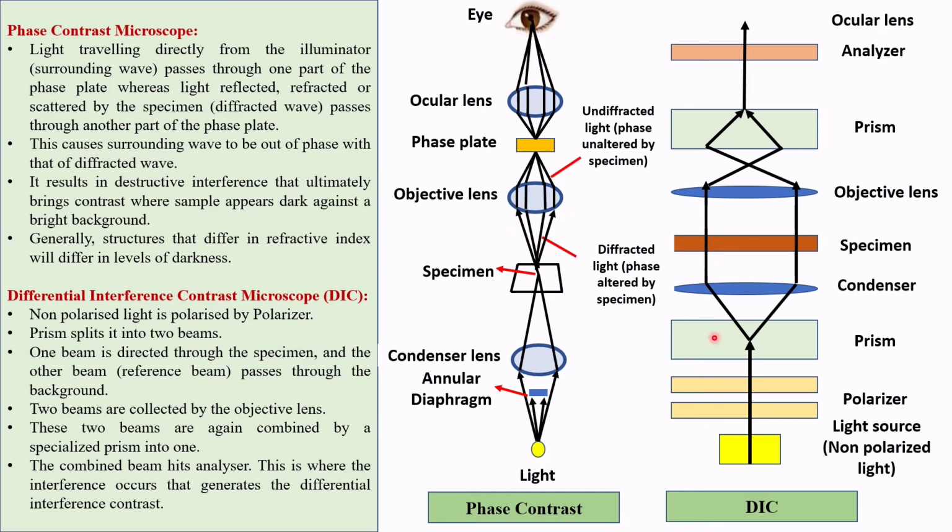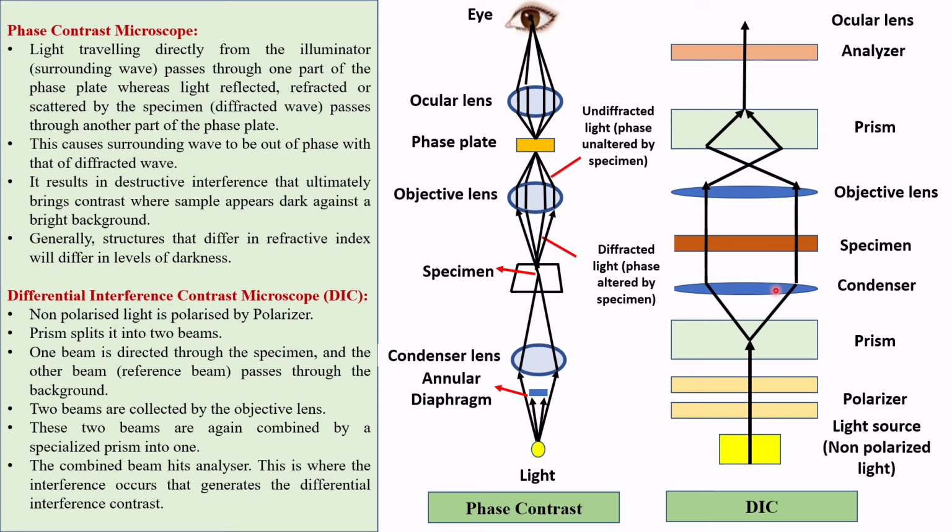Now, in case of DIC, this interference phenomenon remains the same, where surrounding light remains out of phase with that of the diffracted wave. But in this case, a polarizer is placed between the source and condenser lens.